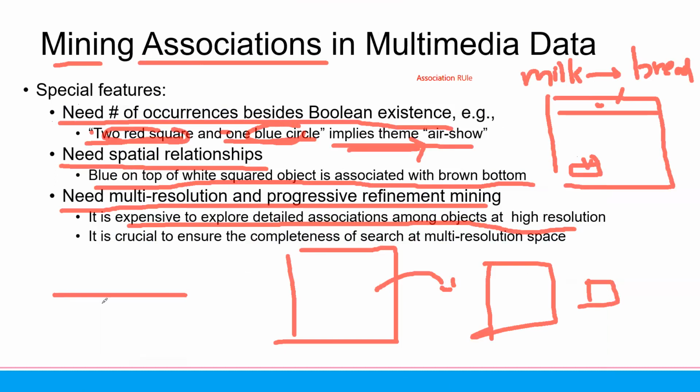Maybe when I look into the class, there is a table. Okay, so I have class. Oh, every class is associated with table. Then, yeah, you can do something with that. And it's crucial to ensure the completeness of each of the multi-resolutional space. So if it is the multi-resolution, yeah, of course it is more complicated.